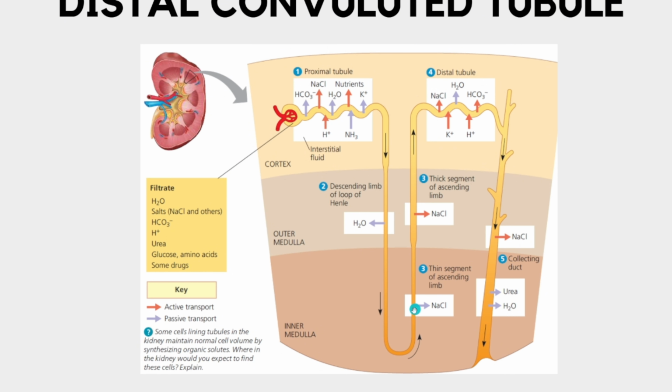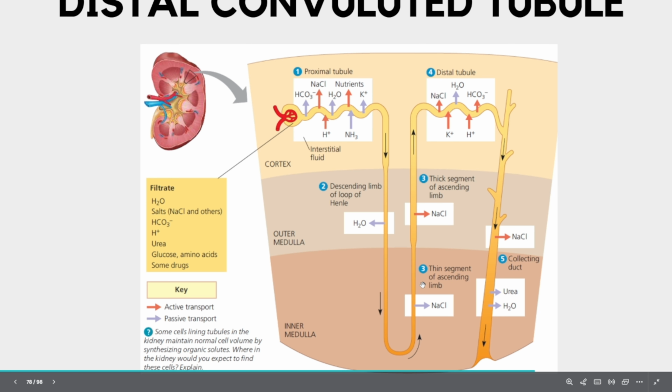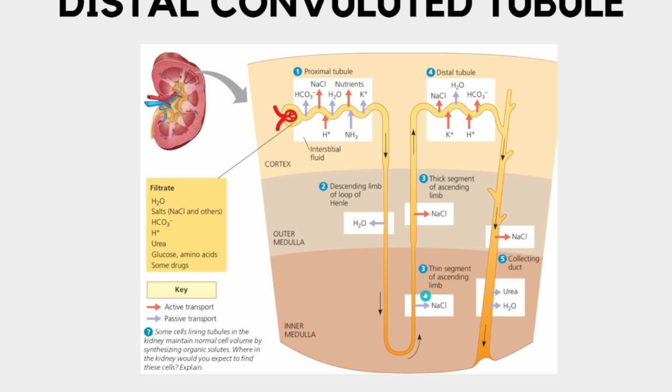Meaning that the ascending part is more permeable to salt rather than water, because it does not have any water channel, but it has a salt channel. So it is more permeable to salt, which is NaCl. So in the thin segment, the highly concentrated NaCl in the filtrate will diffuse out into the interstitial fluid by diffusion.